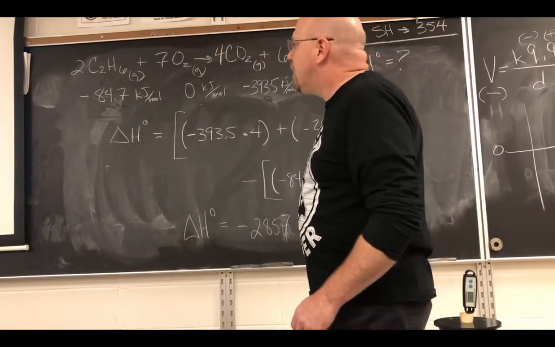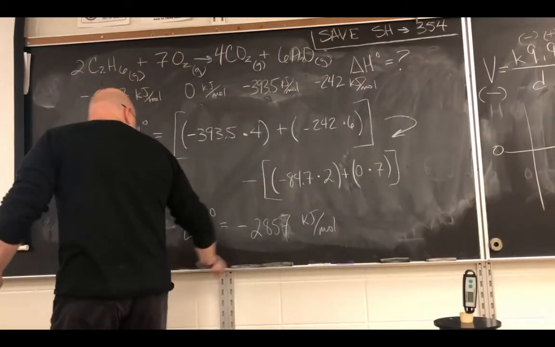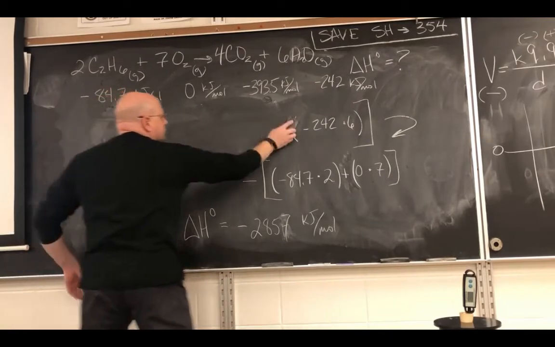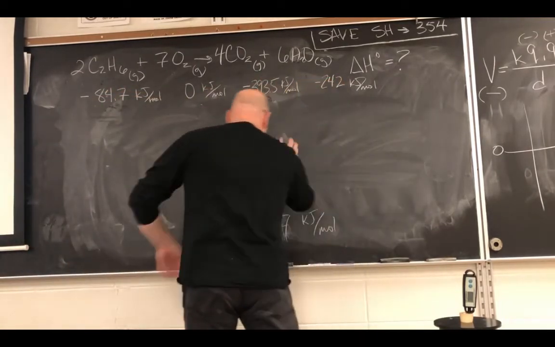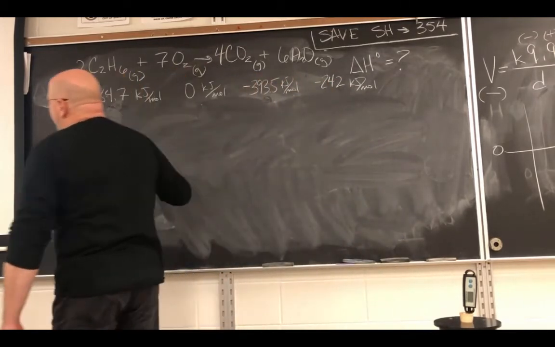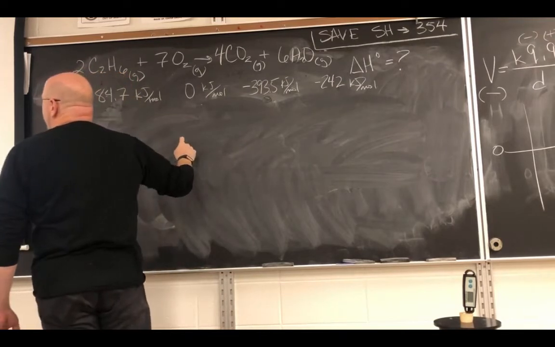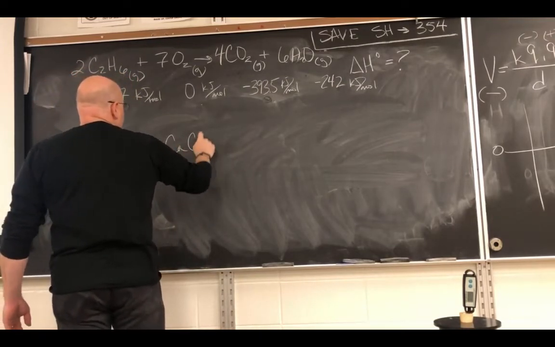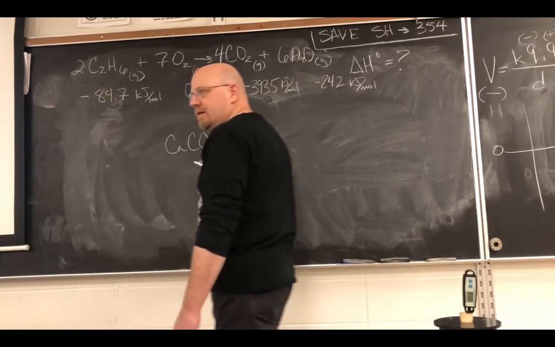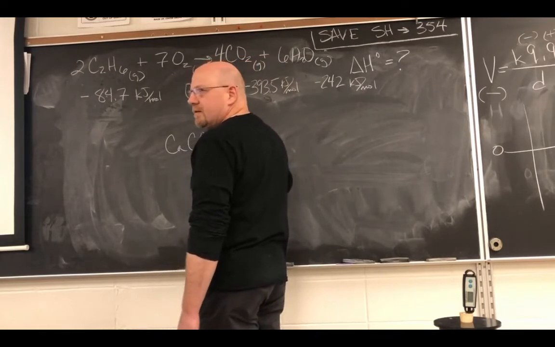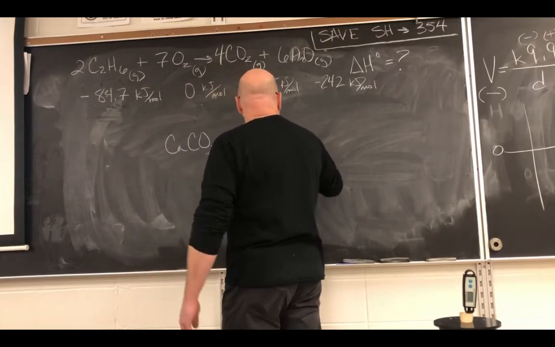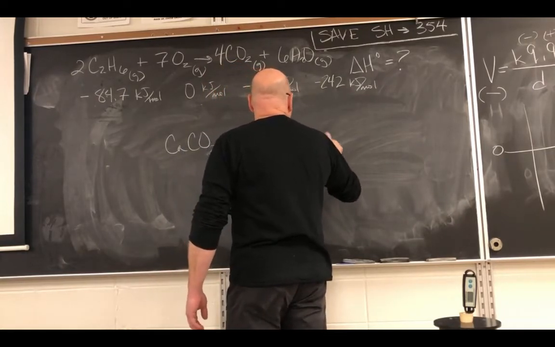So, let's apply. Emily, next slide, 6.51. What is the enthalpy of formation for calcium carbonate? Negative 1,207.